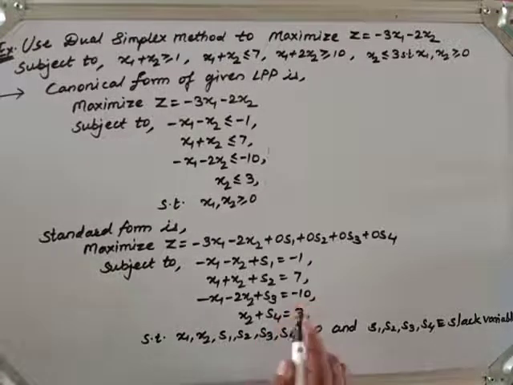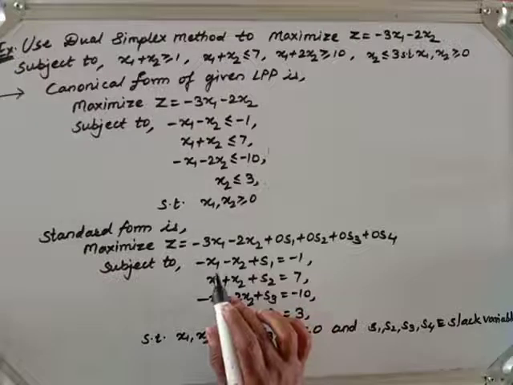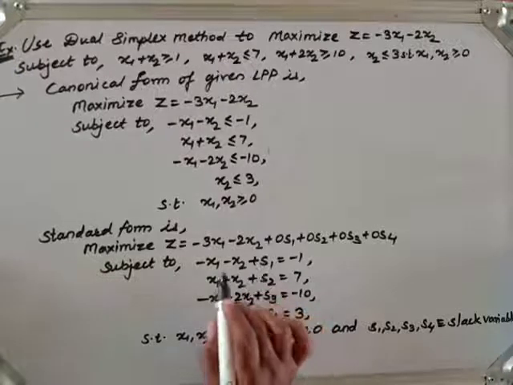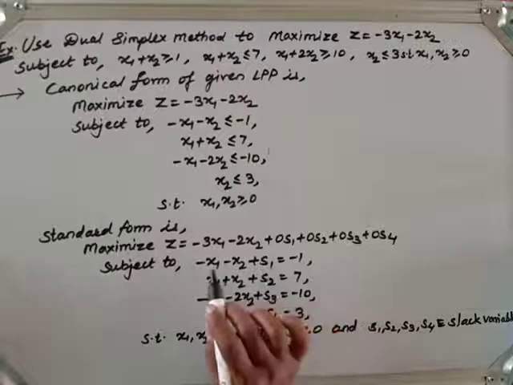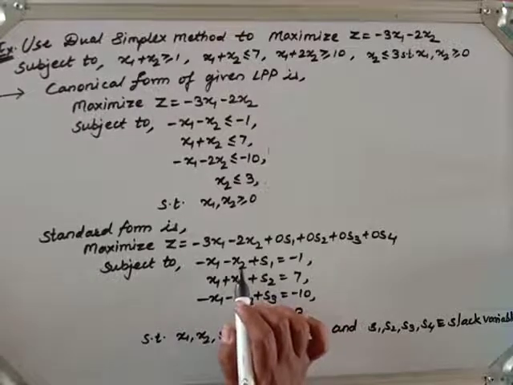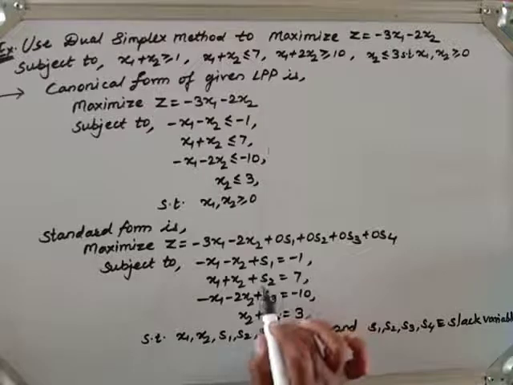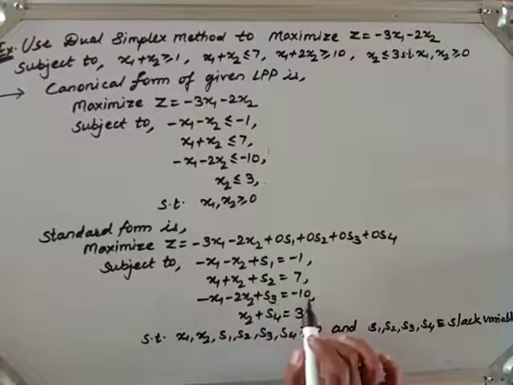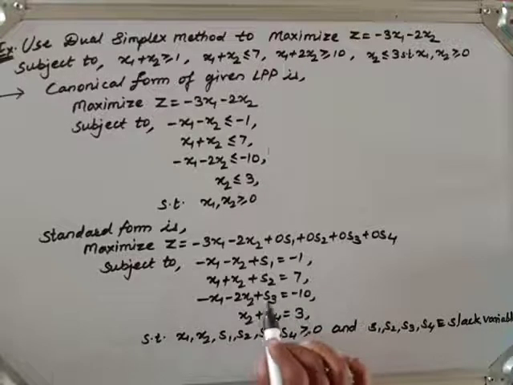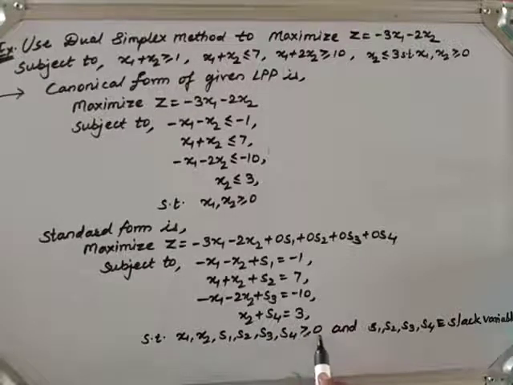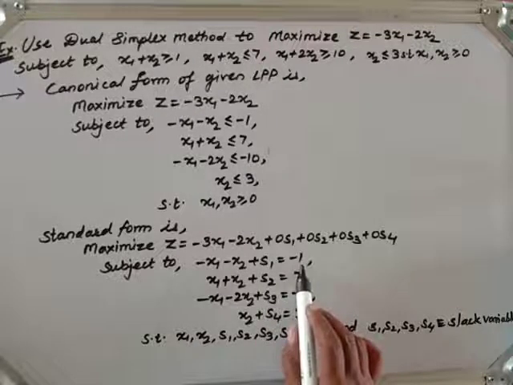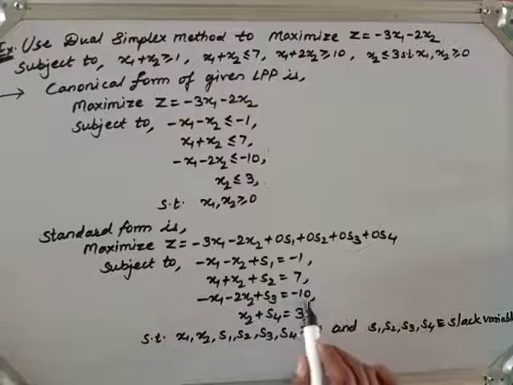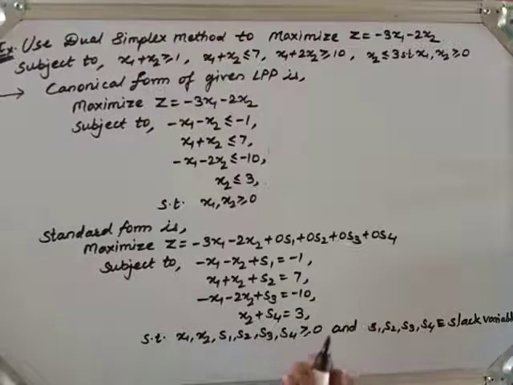To find the initial basic feasible solution, we substitute x1, x2 as 0. So s1 will be minus 1, s2 will be 7, s3 will be minus 10, s4 will be 3. But these variables must be greater or equal 0, so s1 should not be minus 1 and s3 should not be minus 10. This means the LPP has an infeasible solution.